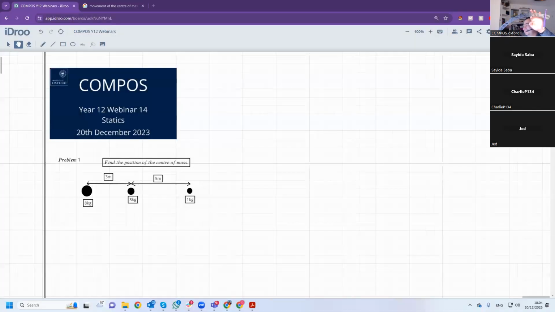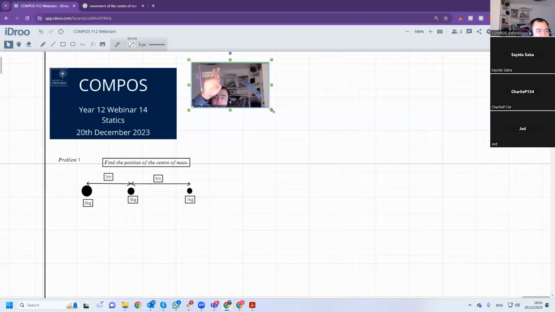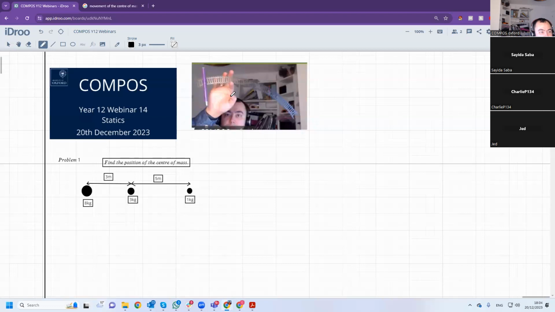Yeah, that's very good. This is a picture of me, and the center of mass must be somewhere beneath, somewhere here. So center of mass.